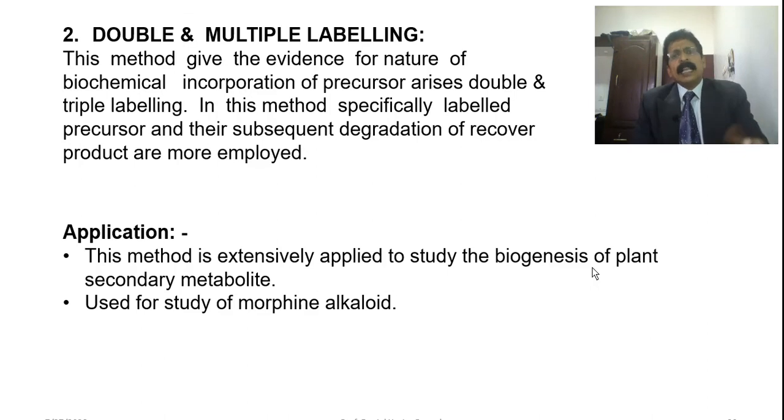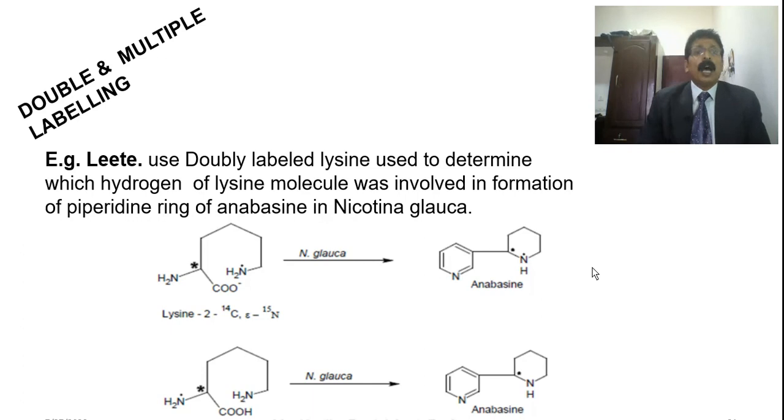Application: this method is extensively applied to the study of biosynthesis of plant secondary metabolites, and used for the study of morphine alkaloids also. I have given an example of double labeled lysine used for determining whether hydrogen of the lysine molecule was involved in formation of the piperidine ring of anabasine in Nicotiana glauca.